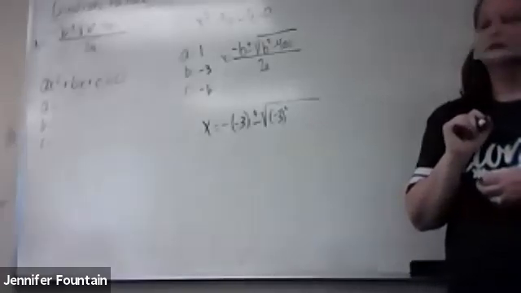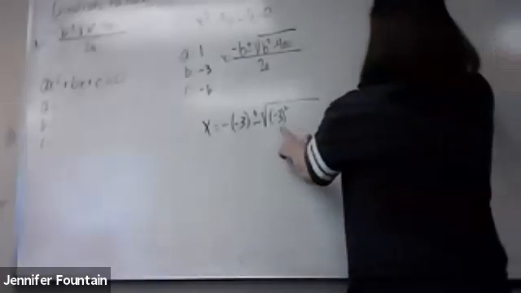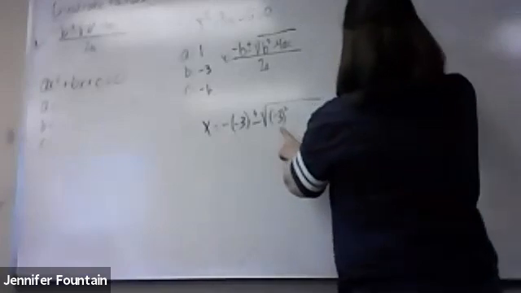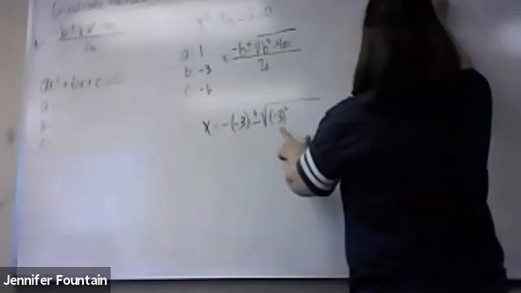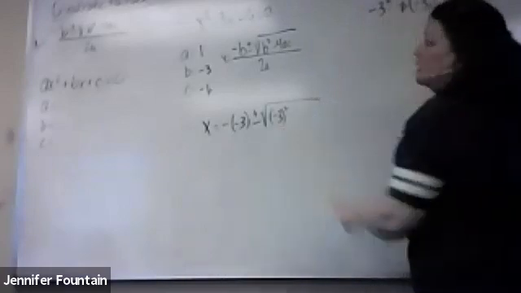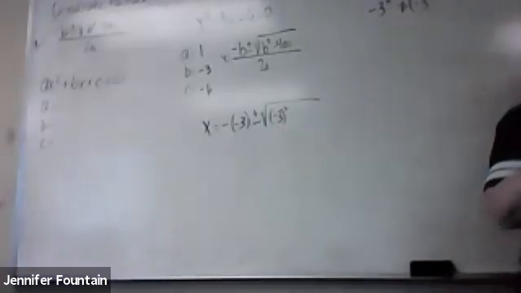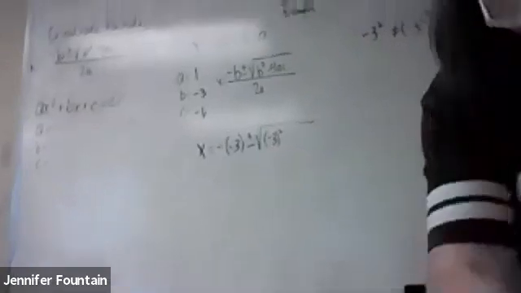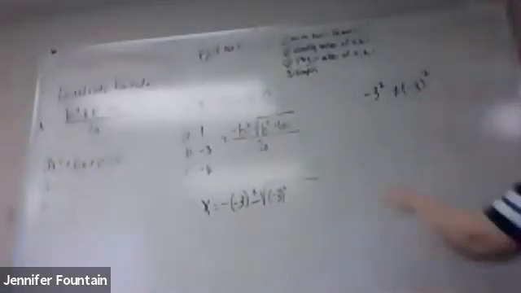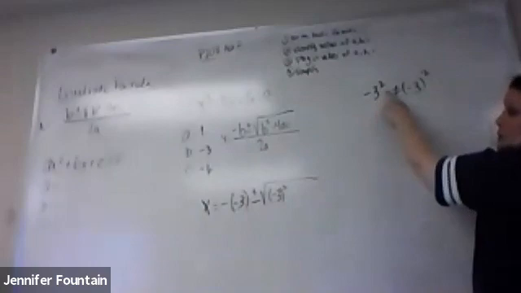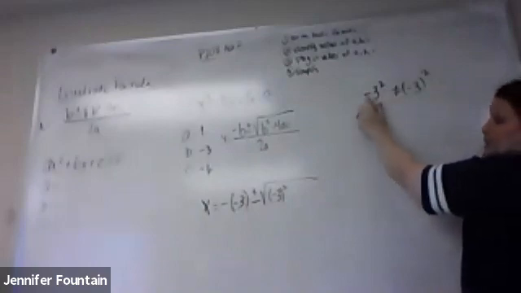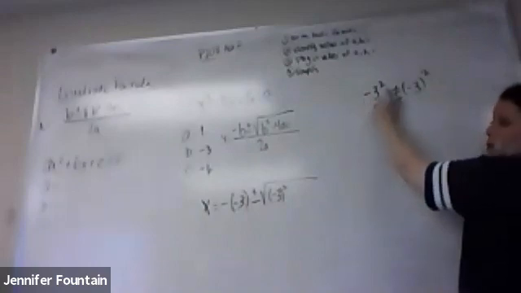Because it's a square. Okay, real quick, (-3) squared is not equal to -3 squared. These are not the same thing. Okay? If I see -3 squared without parentheses, this is read as the opposite of 3 squared. So what is 3 squared? 9.